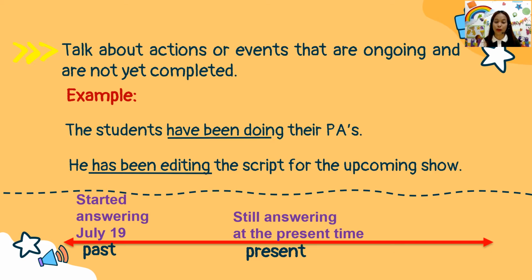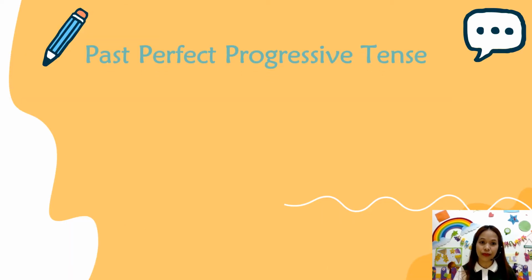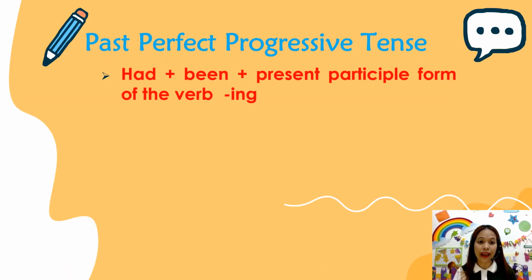All right, let's proceed. So now, let's talk about past perfect progressive tense. For past perfect progressive tense, we use had. So what is the past of have and has? Yes, it's had. So we use had for both have and has. So we use had plus been plus the present participle form of the verb, ing.